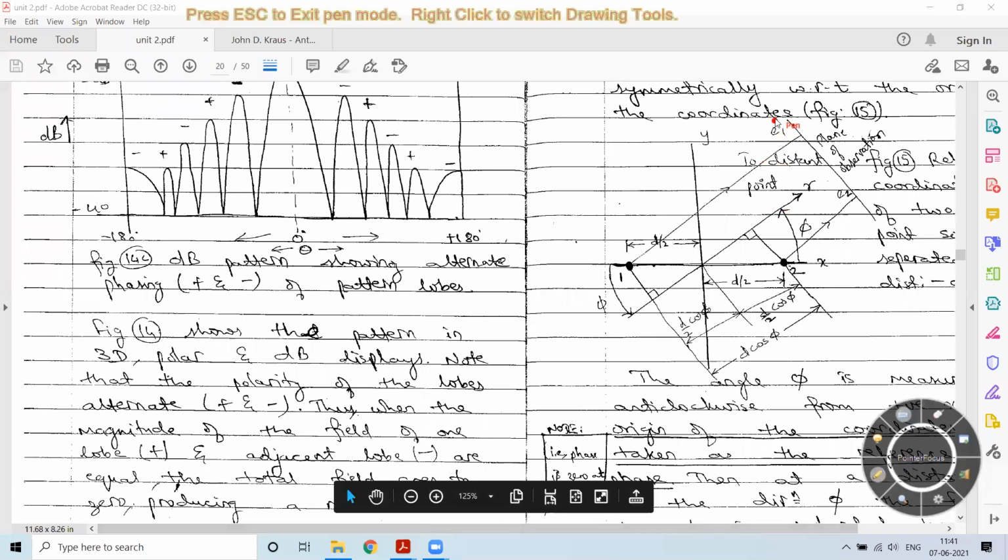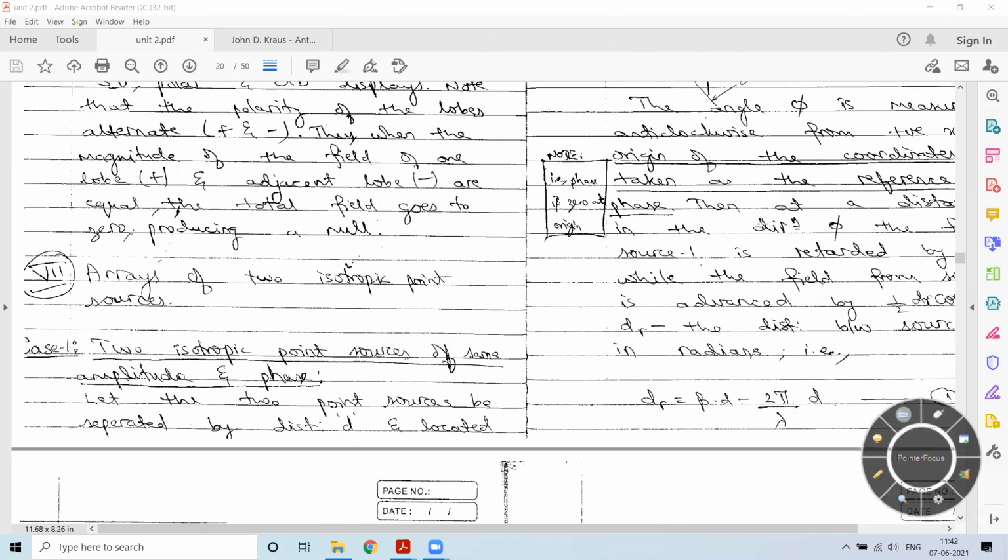As I specified, E1 is lagging with respect to the reference point, and E2 is leading with respect to the reference point over here. E1 is the field due to source 1, and E2 is the field due to source 2 at the plane of observation. Now how do I represent it?